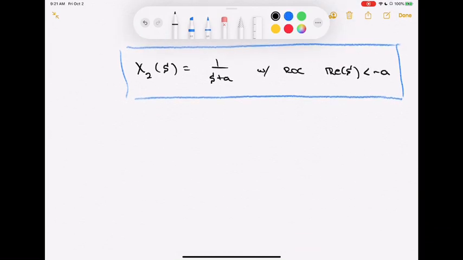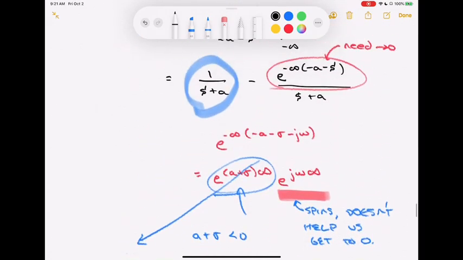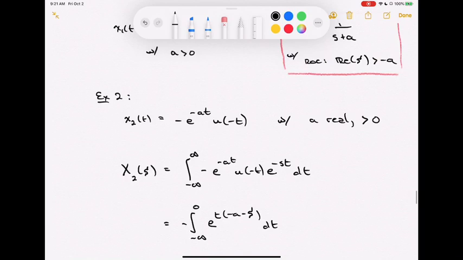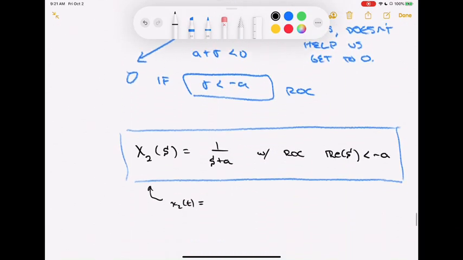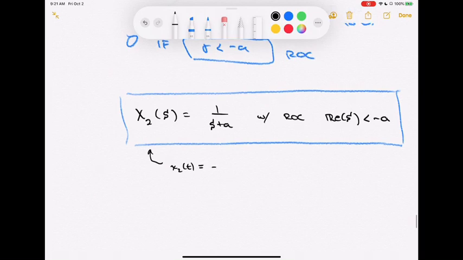Remember where this came from, right? This x2 came from a little x2 of t being equal to what? It was a minus e to the minus at u of minus t, where a was real and positive. If you plotted that kind of signal out, the minus sign out front, right, just means it's a negative signal.